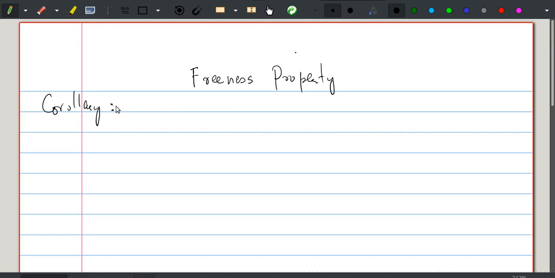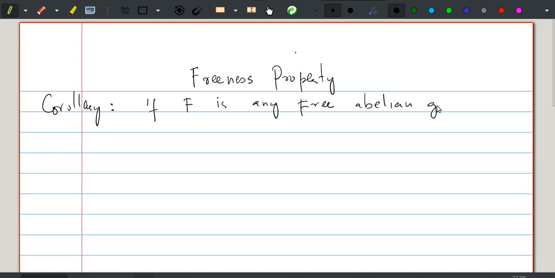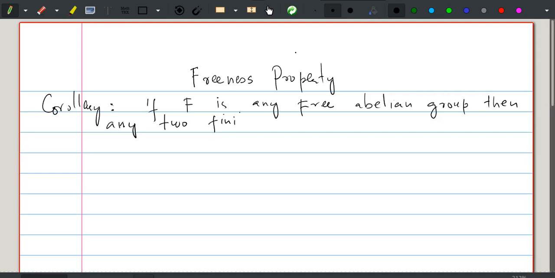This result states that if F is any free abelian group, then any two finite bases of F have the same number of elements.